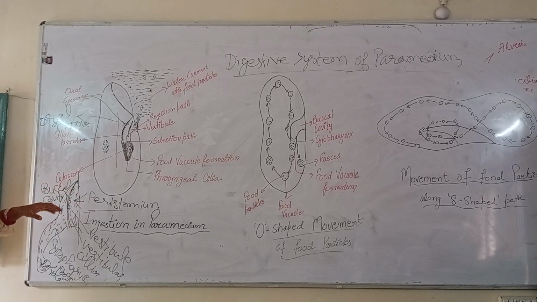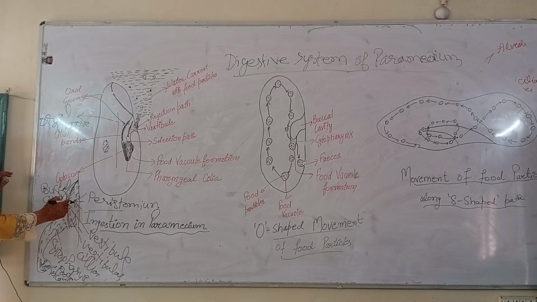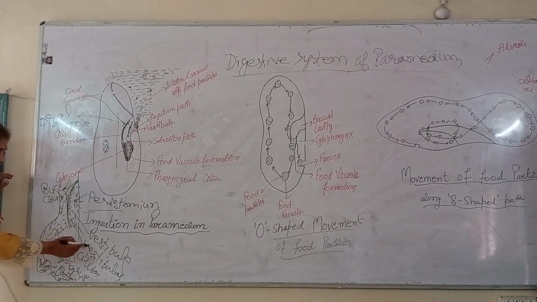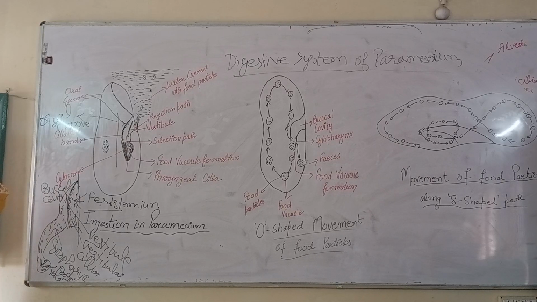Digestive juice, saliva. Same like here, where the food entered filtered through this peristome, then this food enter into the vestibule. Here the vestibular cilia, they again filter the food by forming a sieve-like structure. Sieve, a strainer.